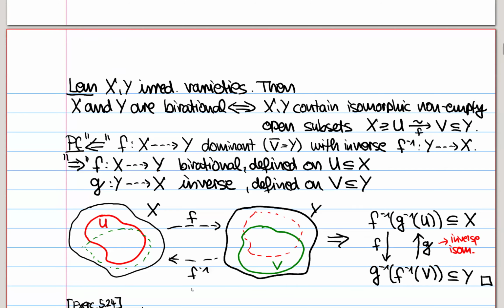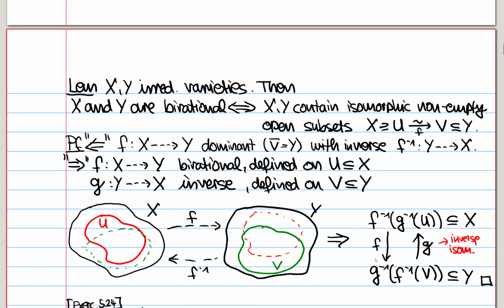I guess here this is G. So you first take the pre-image of U here, and then the pre-image again under F. So this here is an open subset of X. This thing here, you do the opposite way, starting with V. This is an open subset of Y, and then you can check that F sends this open subset to this open subset, and G conversely, and that the two compositions are the identity.